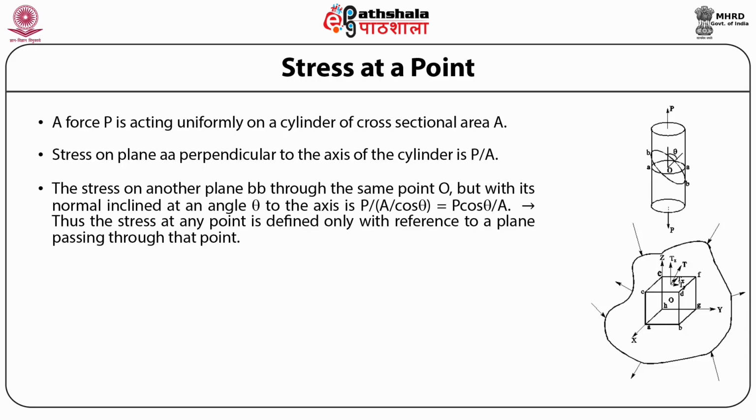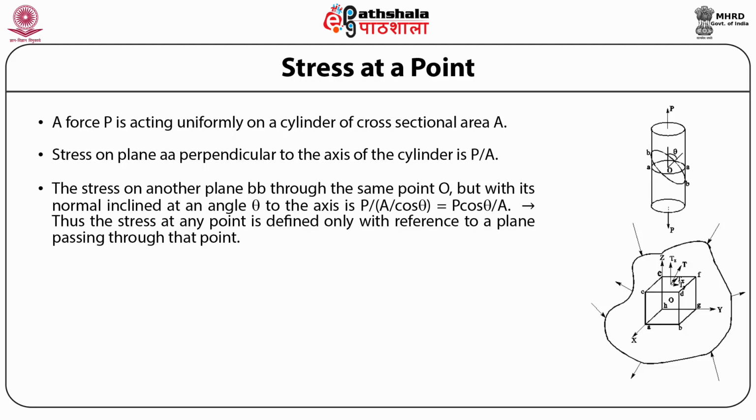These can be external forces or body forces. The body forces are those forces which act on each volume element of the body. Thus the force inside the body can vary from point to point.